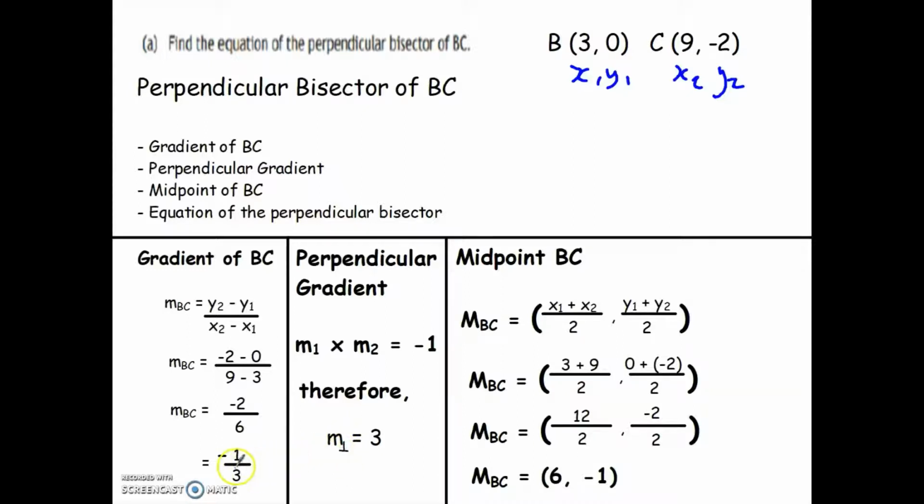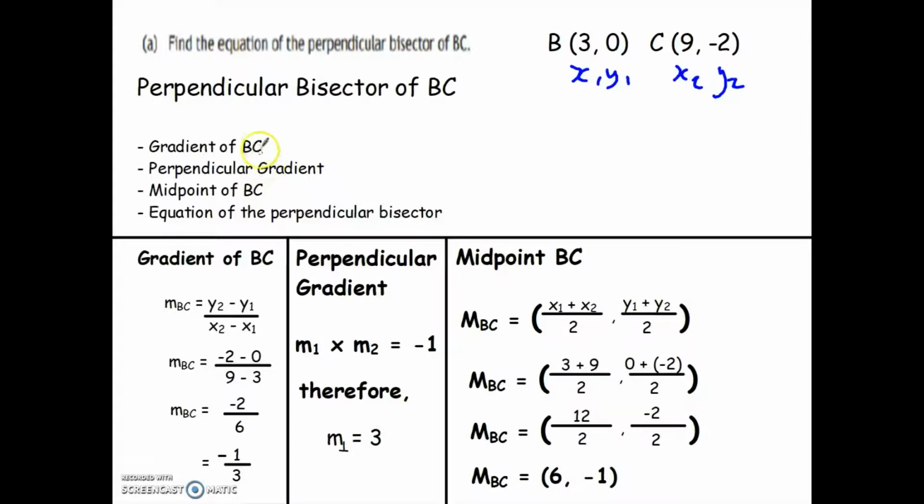So what you do is, you take your fraction for the gradient from earlier on, you flip it round, so the 3 moves to the top, the 1 moves to the bottom. Now we don't need to write over 1. We then think about the sign. This was negative, but we want to change that sign to be positive. So therefore, the perpendicular gradient is going to be positive 3.